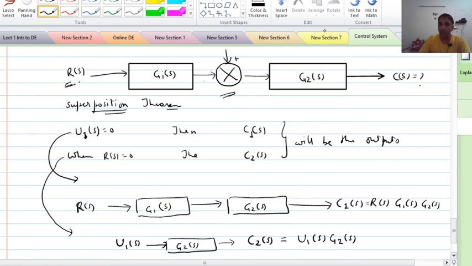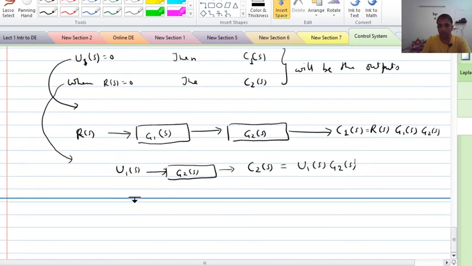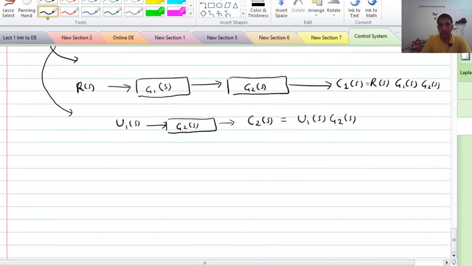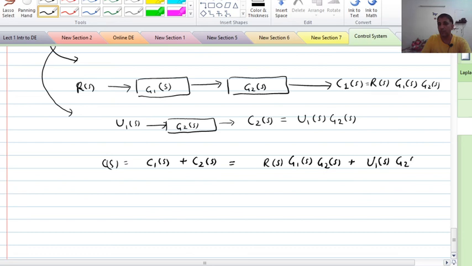So the net output will be the sum of these two outputs, C1 plus C2, that is Cs equals C1s plus C2s. This is Rs G1s G2s plus U1s G2s.